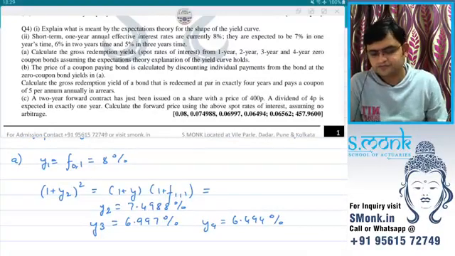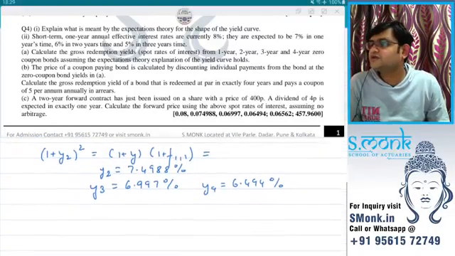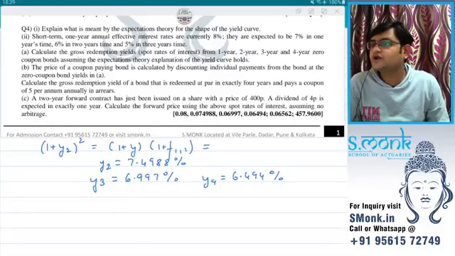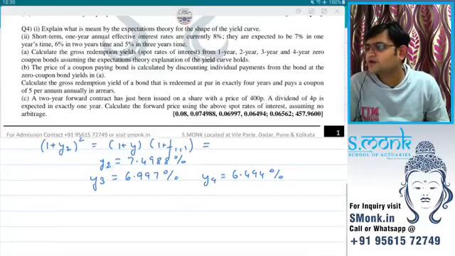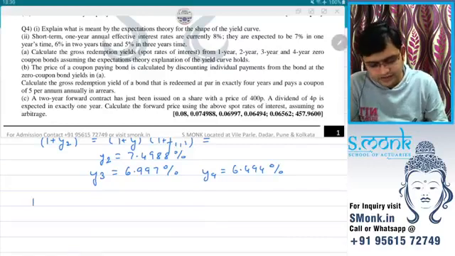Okay. B part, the price of a coupon paying bond is calculated by discounting individual payments from the bond at the 0 coupon yield. In A, calculate the gross redemption yield of a bond that is redeemed at par in exactly 4 years and pays a coupon of 5 per annum annually in arrears. So first we'll find price.